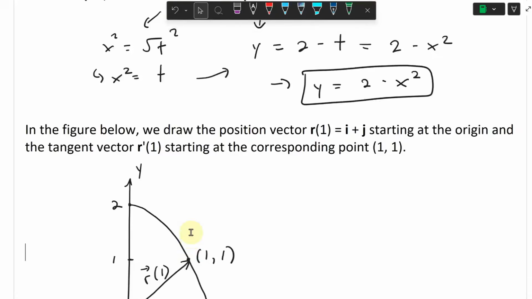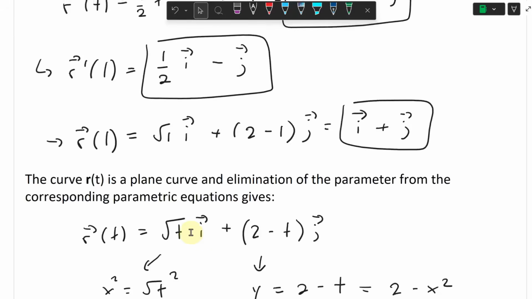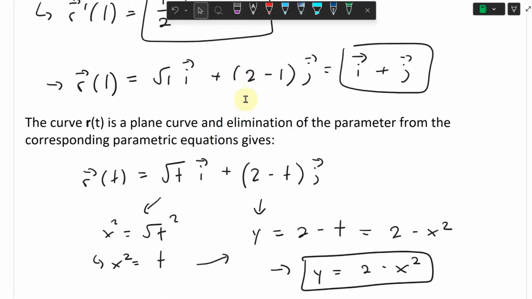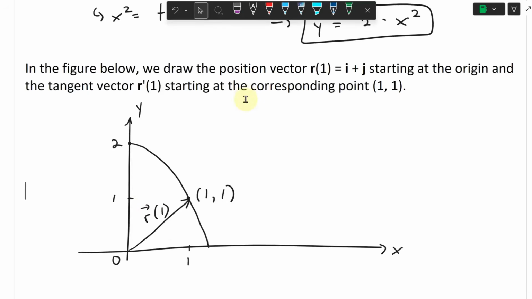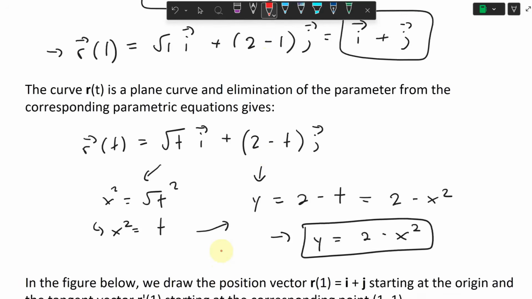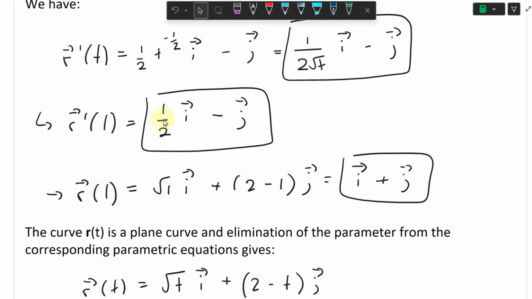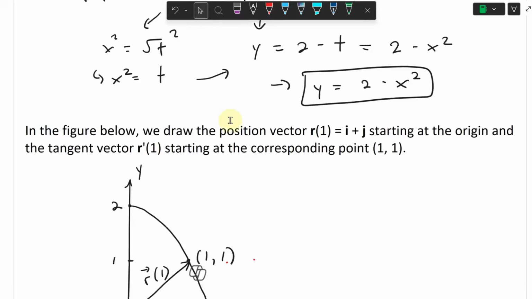And now the tangent vector, we're going to start from here. I'm going to draw this in red. It's going to be 1/2 i minus j. So we go to the right 1/2, somewhere around here, and then go down by 1 on the y-axis.